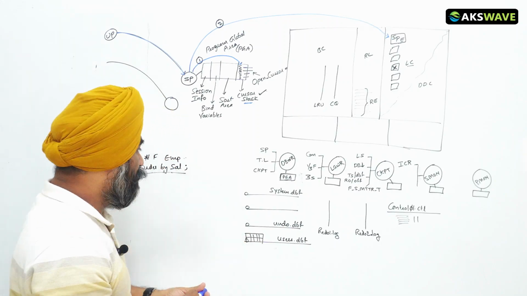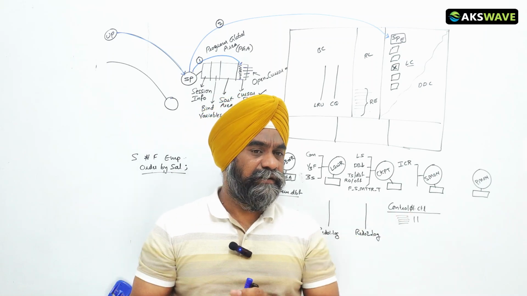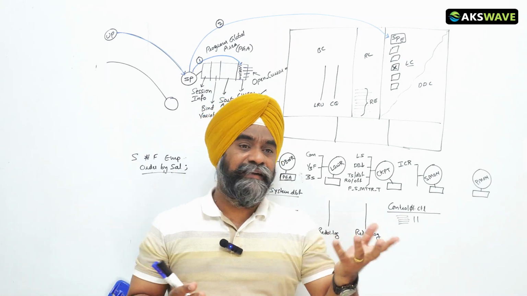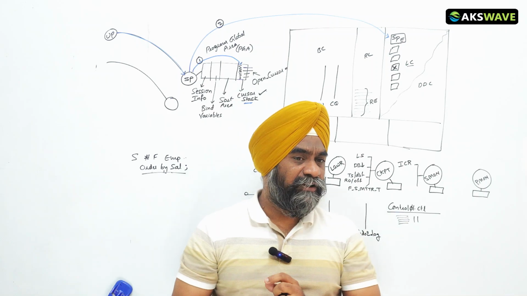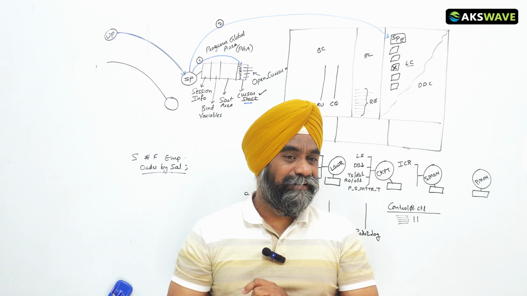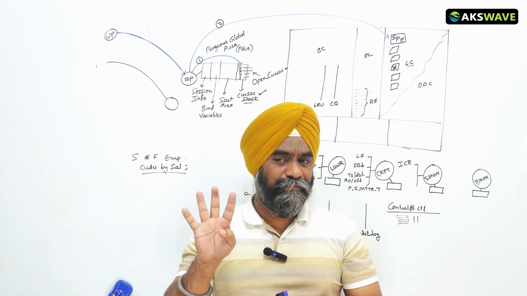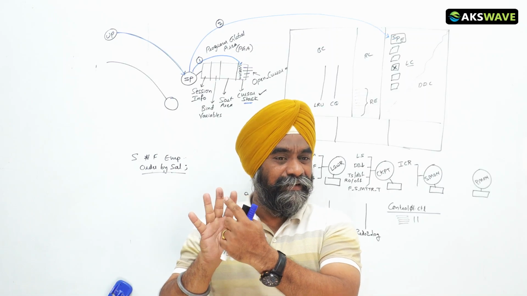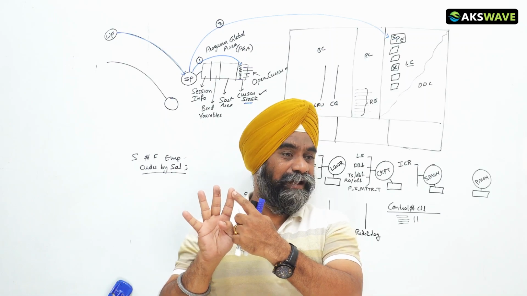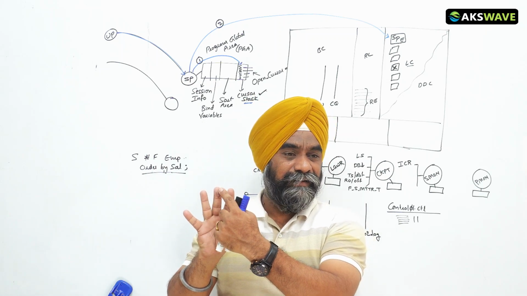Simple, I'll give you an example. 6, 16, 9, 19. Can you please arrange them in order? 6, 9, 16, 19.